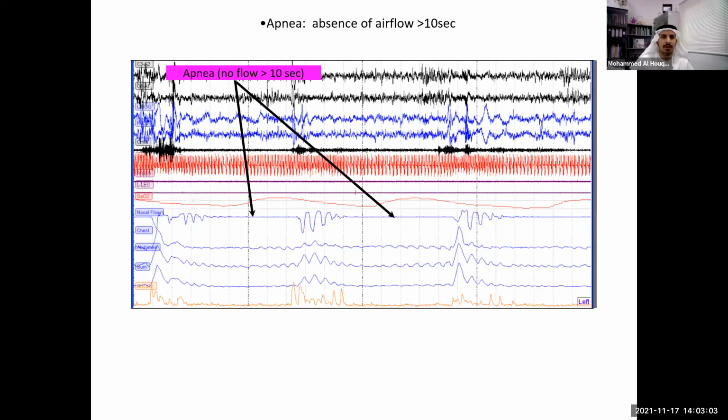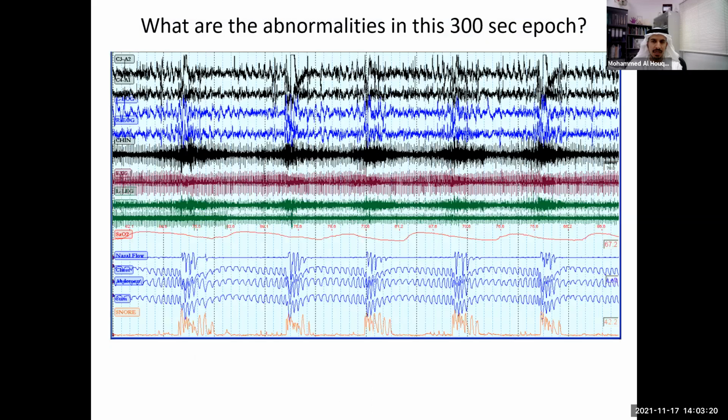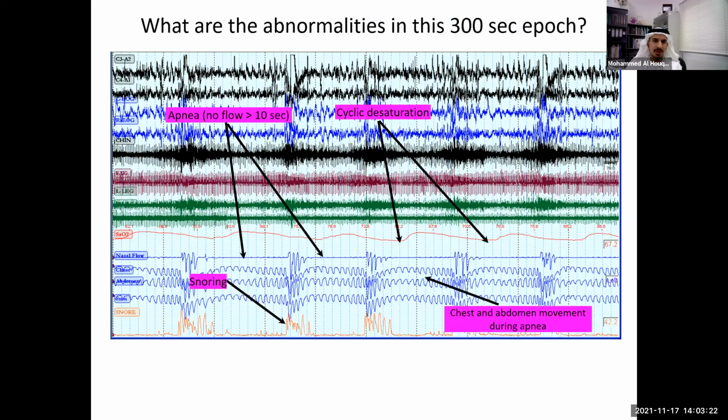Now, this is an example of a sleep study, where you see someone who's having an apnea, which is a cessation of airflow. And this one is a reduction of airflow, and we call it hypopnea. Okay. Another example where you see apneas, as well as a chest abdomen paradoxical movement and snoring in between with cyclic desaturation, typical for obstructive sleep apnea.